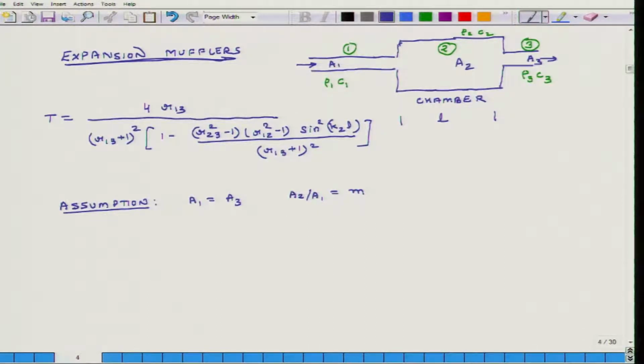A1 equals A3. So, with these two sets of assumptions, we will try to compute rho 2 C2, rho 3 C3 in terms of density and speed of sound for the first section.